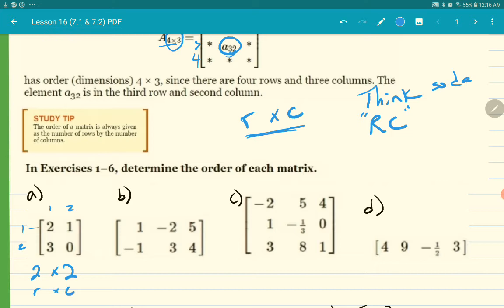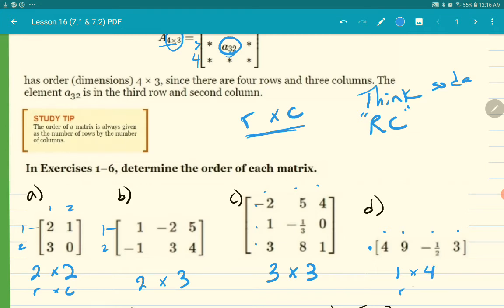With A, it doesn't really matter since R and C are equal, but with B, we have 2 rows and 3 columns, so that's a 2 by 3. C, we have 3 rows and 3 columns, so that's a 3 by 3. And D, we have 1 row and 4 columns.